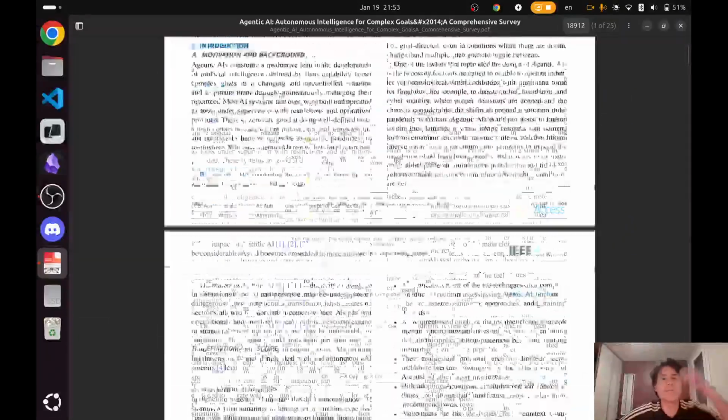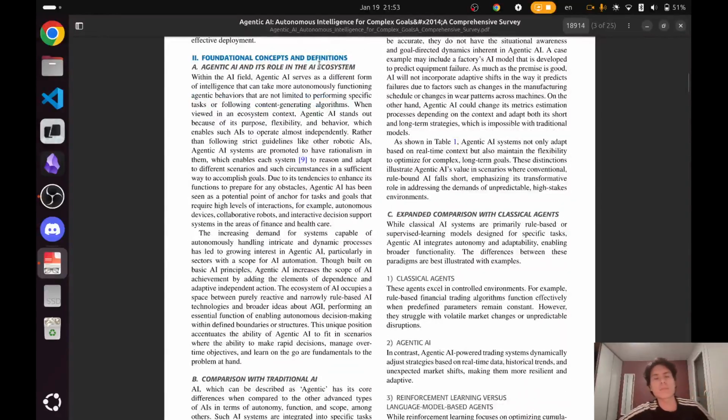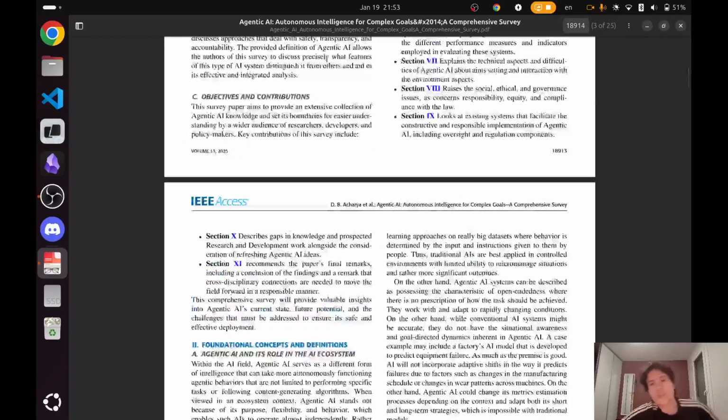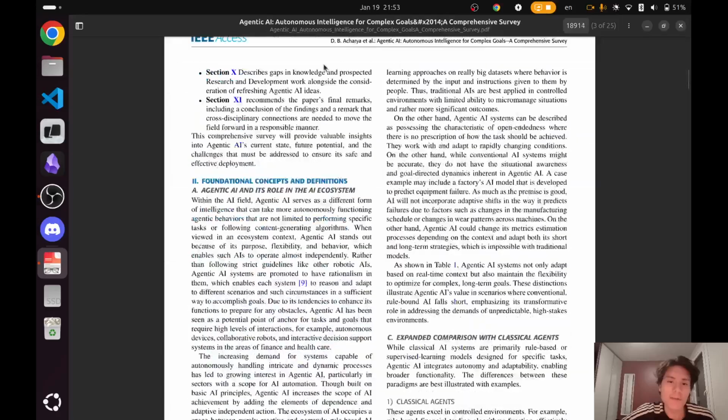And about this paper, it's pretty long, really long, but it covers many interesting aspects. So they start by explaining what is in essence agentic AI, and a good way into explaining what something is, is to compare it to what it is not, right? Or what makes it different to the previous conception of what we have.